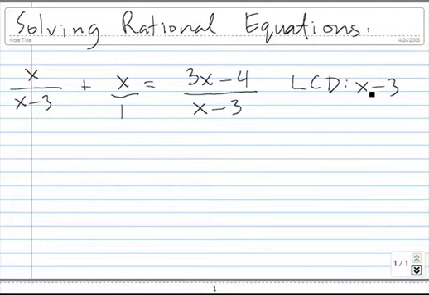Once we identify the least common denominator, we multiply both sides of the rational equation by the least common denominator.